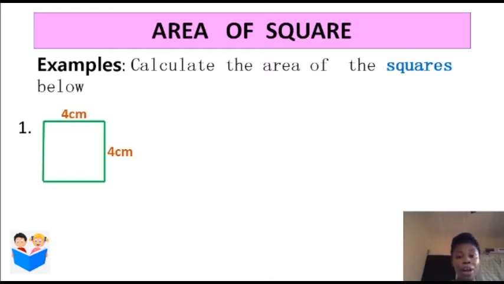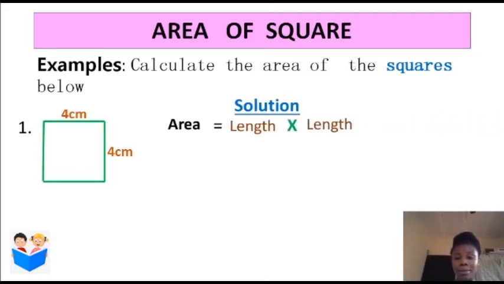Now, to solve for the area of this square, we get our formula again. Remember, you must always use the formula because the formula leads us to the answer. It is the key we use in getting our answer. So what is the formula again? Solution: area equal to length times length.